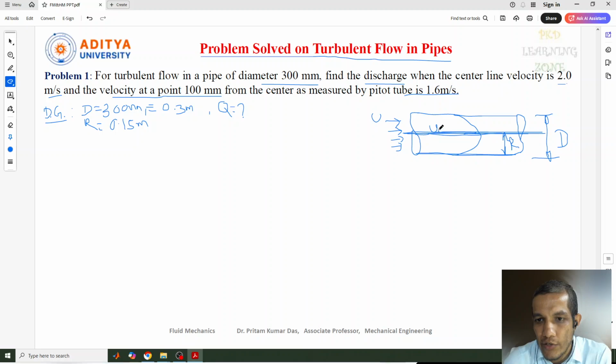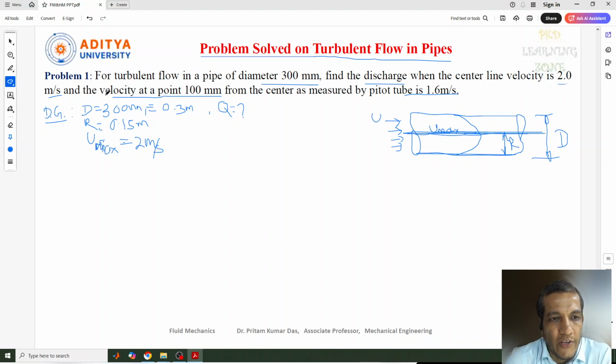So you can write u max, u max is at the center line, equal to 2 meter per second.